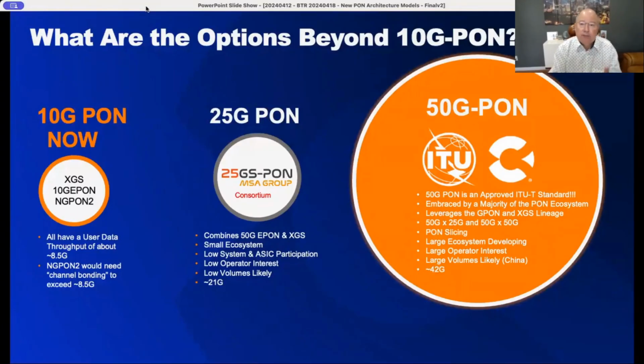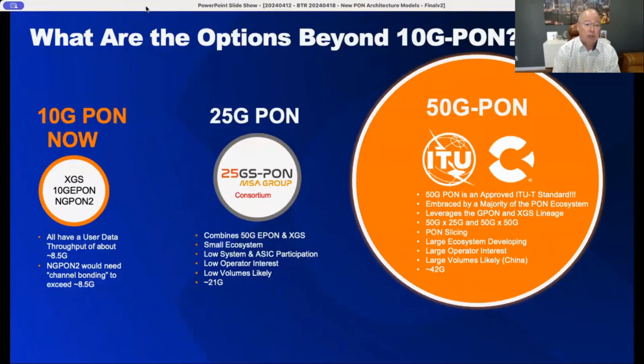And so it's a little different than some of the other MSAs that have been around, because some of those MSAs were more on the, as Kevin talked about, the transceiver side, the lower level optical areas. PON, as we know, has a MAC, has a PHY, and then has also a transmission convergence layer, a TC layer. And if you look at this, the 25GS PON MSA combined two different standards organizations.